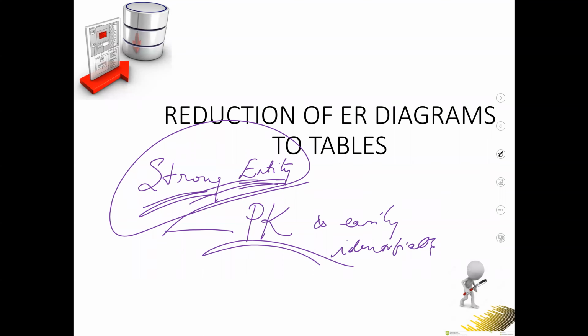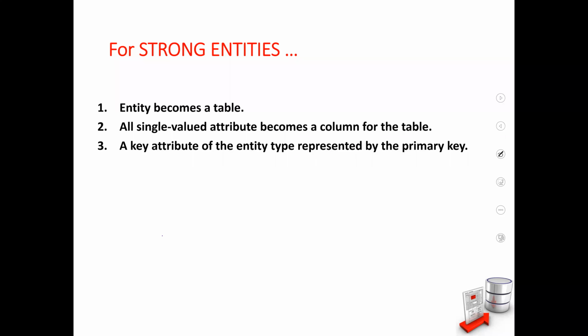First we will see how you make tables for strong entities. All these rules you should be following. All entities will become a table. So let's look here. I have an entity called student, where I have student roll number.